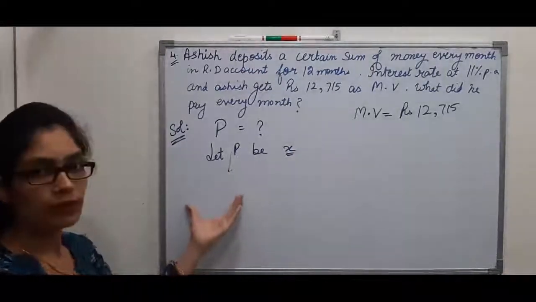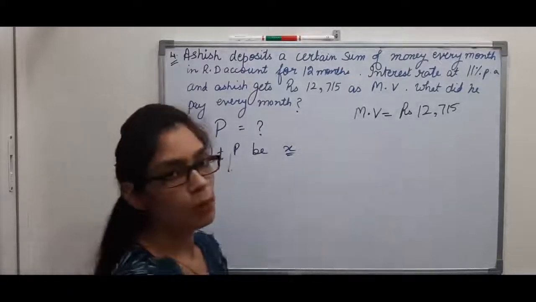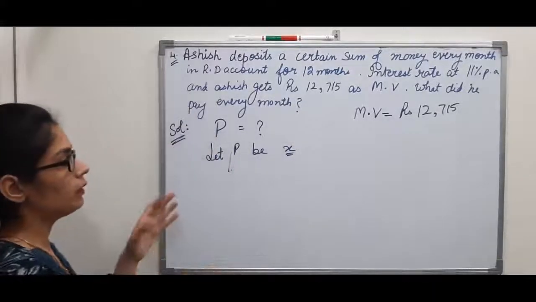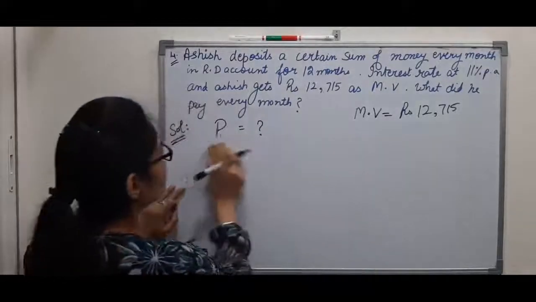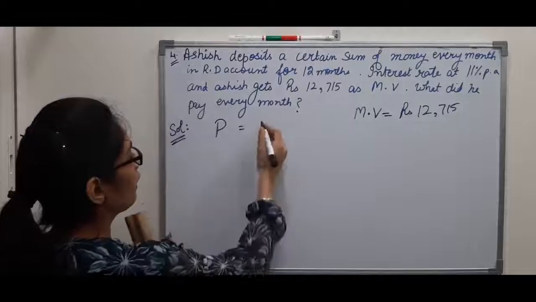Then after calculating simple interest, we will use the formula of MV to calculate P. So let's do this.